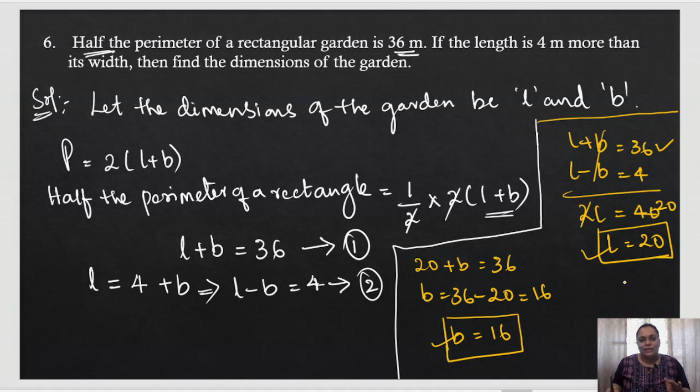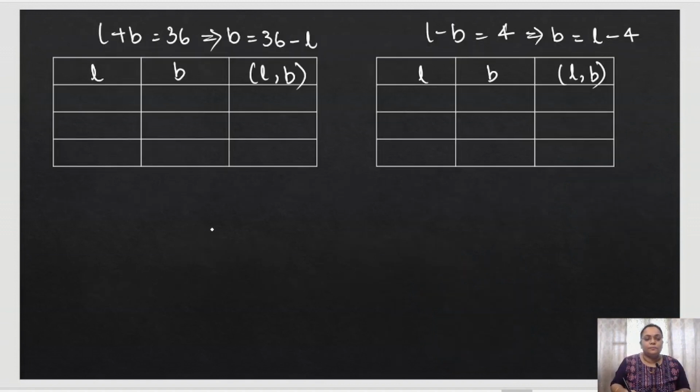Okay. Now let us take the points and draw the graph. So this is the first equation. Let us take L is equal to 10. If you take L is equal to 10, this will be 36 minus 10, you will get 26. So the points will be 10 and 26.